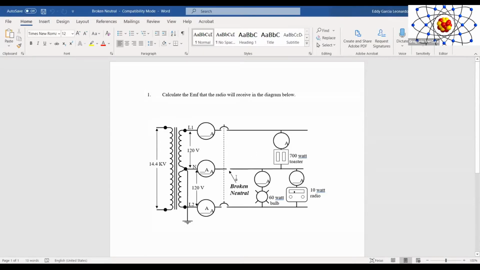Now we have the same scenario, but in this instance, we have a 700 watt toaster. Let's suppose for a moment that this is not broken here. This is just a regular rounded conductor. It's in perfect condition.